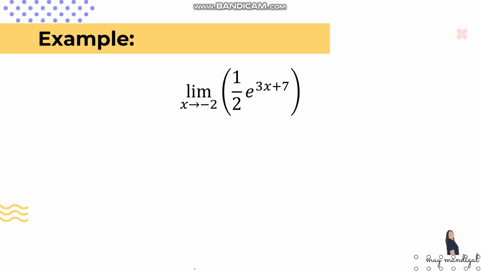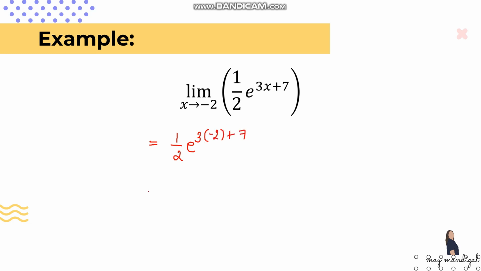Another example. The limit of 1/2 times e raised to 3x plus 7 as x approaches negative 2. Again, we can just do direct substitution. So we have 1/2 times e raised to 3 times negative 2 plus 7.